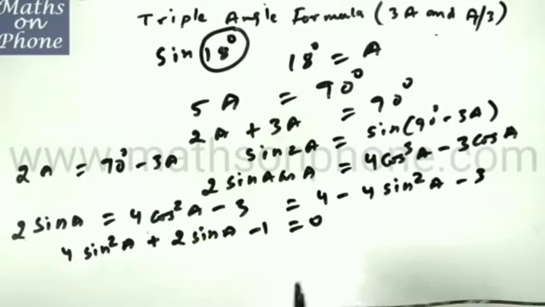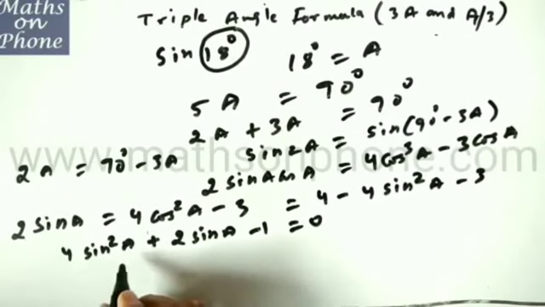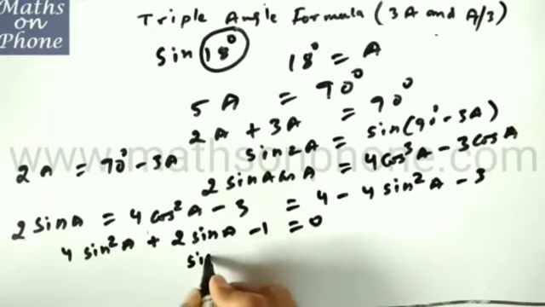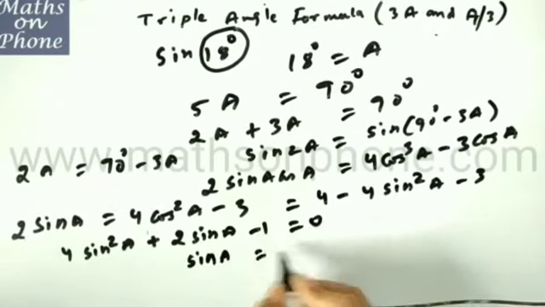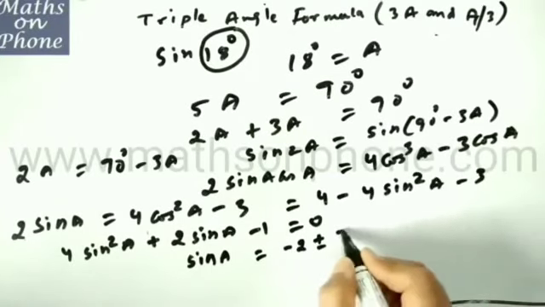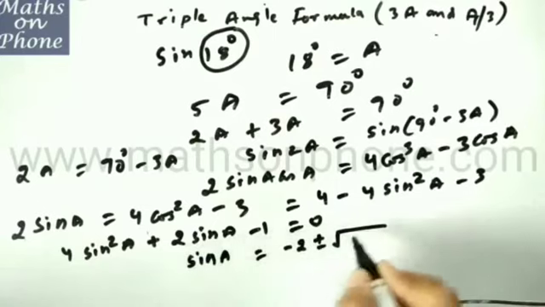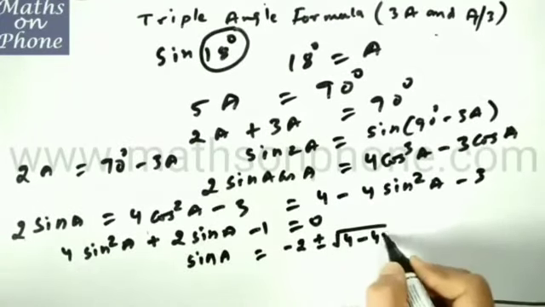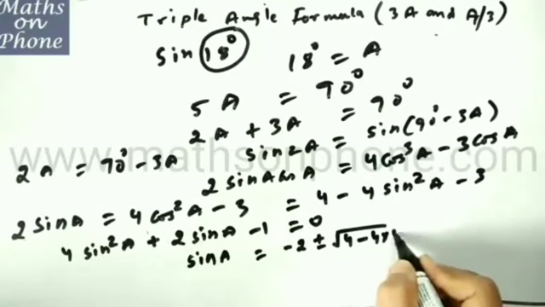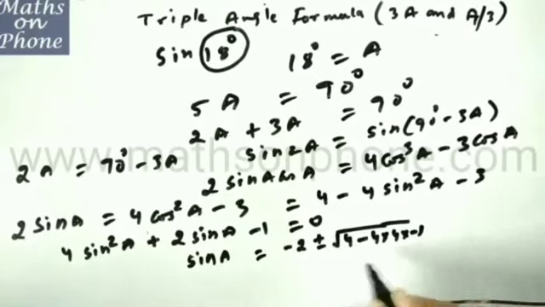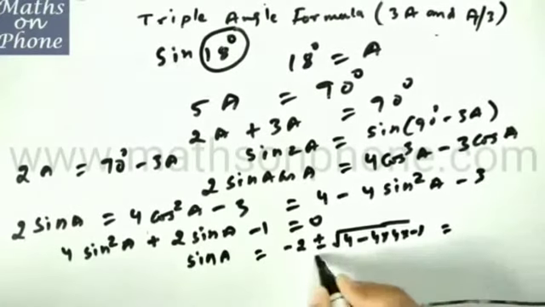This is a quadratic equation in terms of sine A. Now see, solving the quadratic equation, sine A is minus B, that is minus 2, plus minus under root B square minus 4AC. B square means 4, minus 4AC. 4 into A is 4, into C is minus 1, divided by 2A.